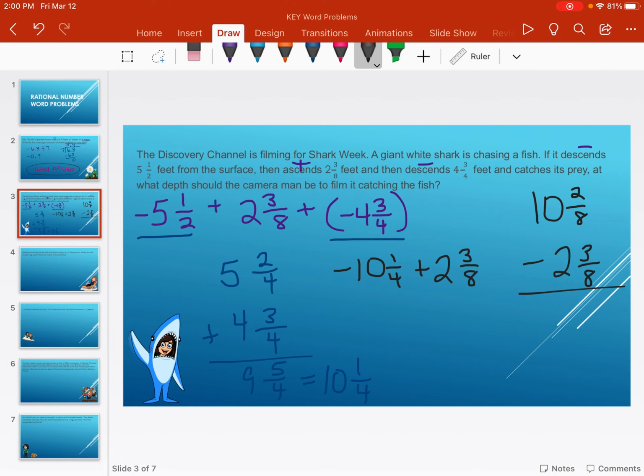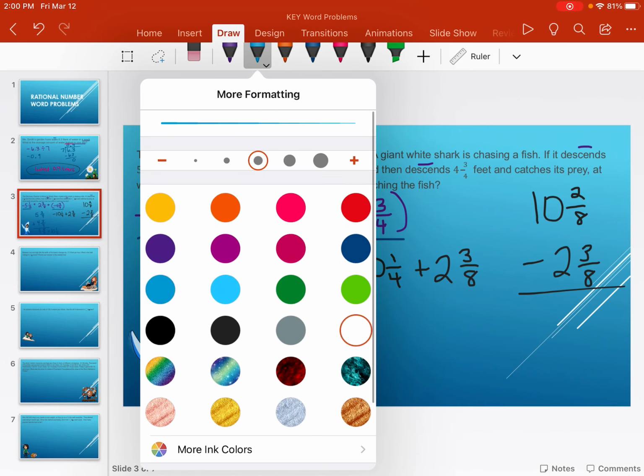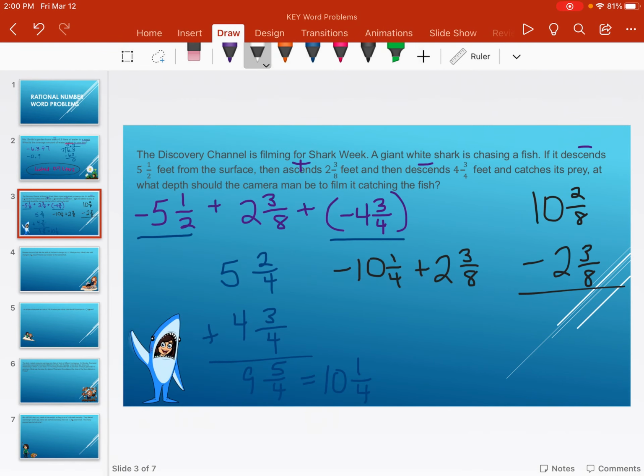And then when I go to solve the problem, I'm going to have to borrow, so this becomes a 9. I add my denominator to my numerator, so this is 10/8 minus 3/8, which is 7/8. 9 minus 2, which is 7. And the bigger number was negative, so negative 7 7/8 is my answer.